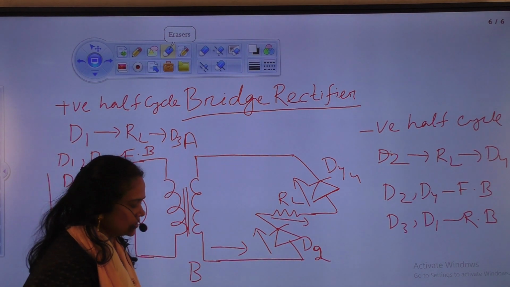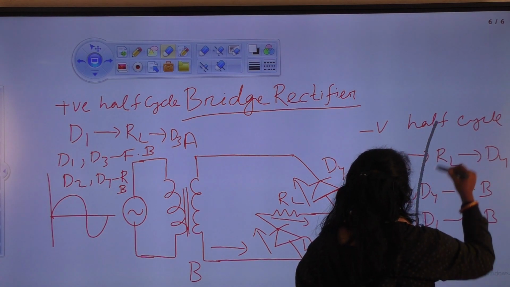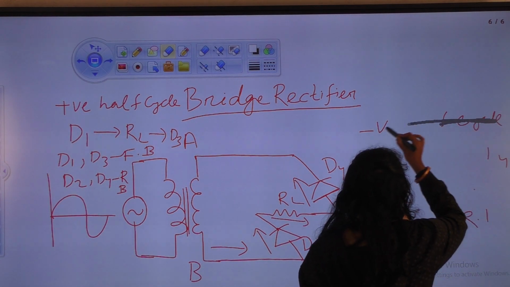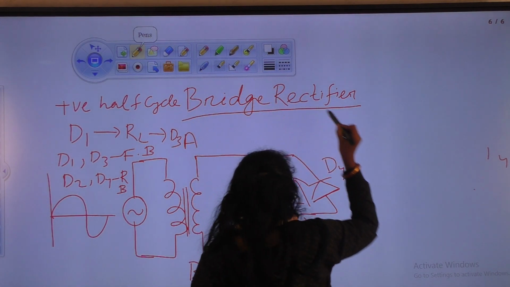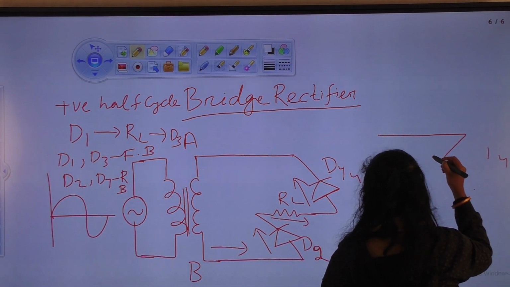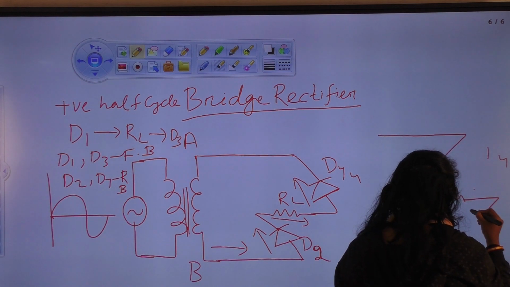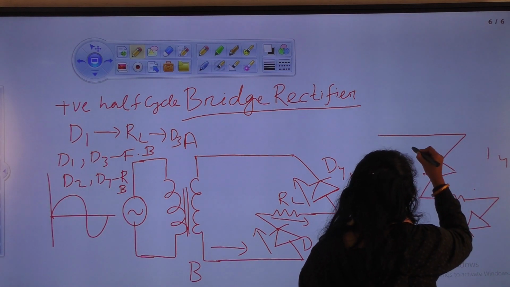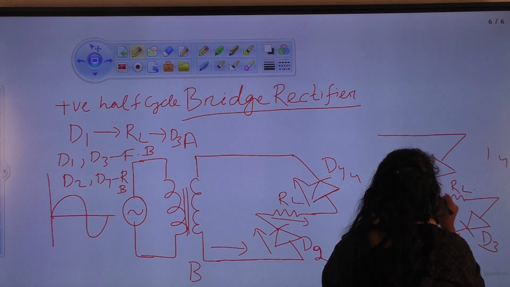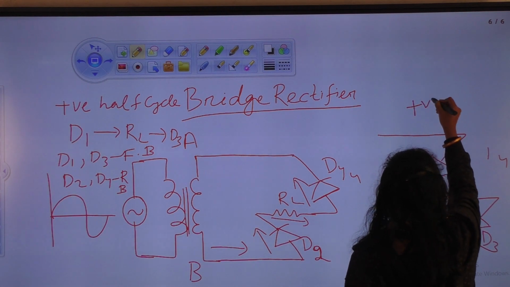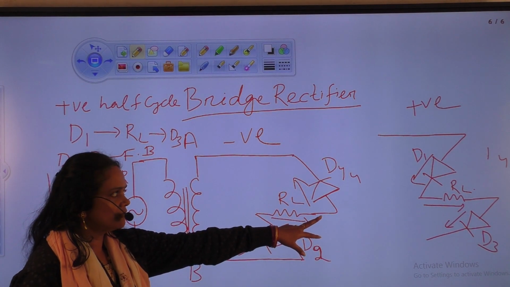Let's compare the two circuits. See, this one is for negative half cycle and that one for positive half cycle.